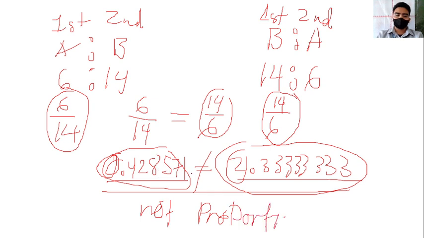Why? Because if we say proportion, it should be that the two ratios are equal. Correct. So, if you are going to have an example of two ratios that are equal, what are the two ratios that are equal?